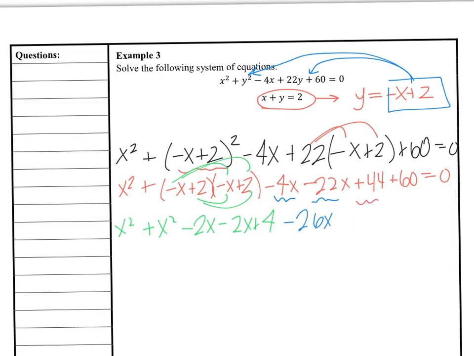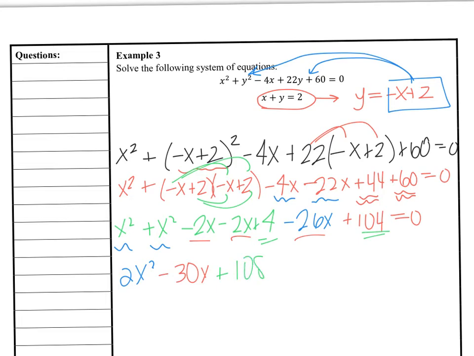And then we also have plus 44 plus 60, so that makes plus 104 equals 0. Combine again, just taking step by step. x squared plus x squared makes 2x squared. Negative 2x, negative 26x makes negative 30x. 4 and 104 makes positive 108 equals 0.